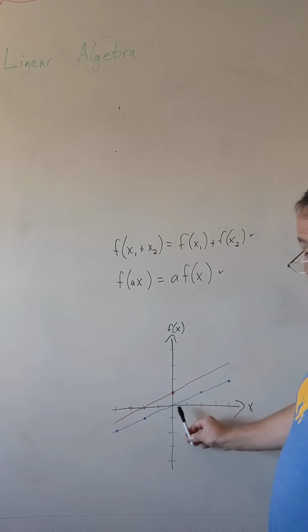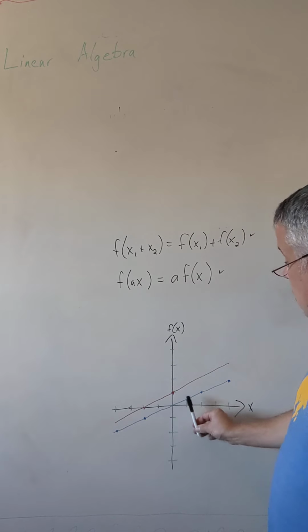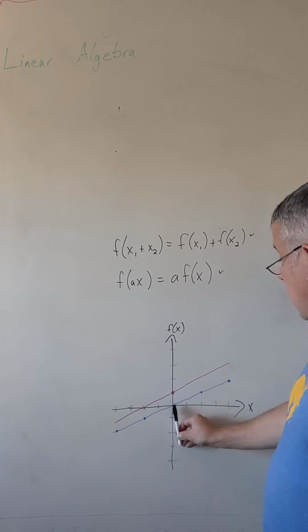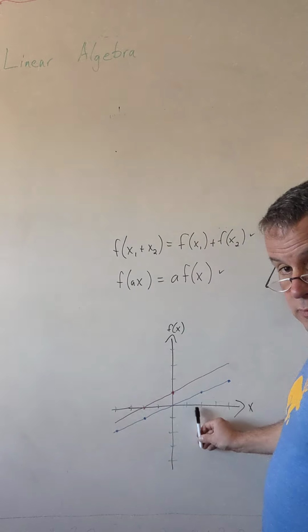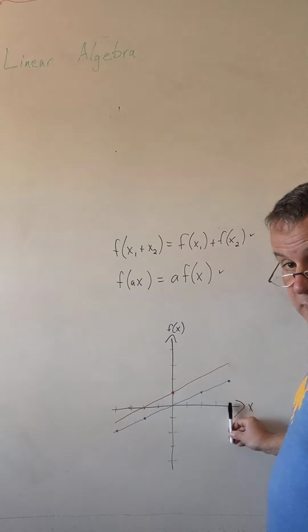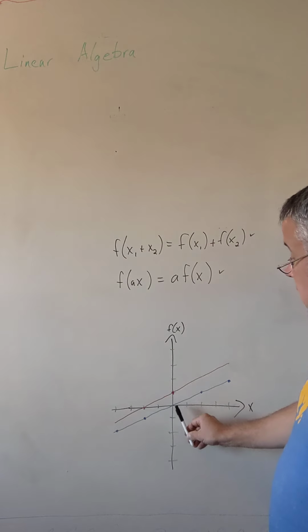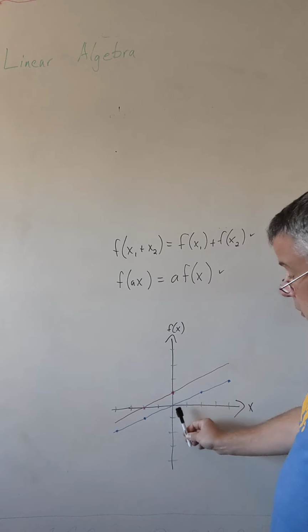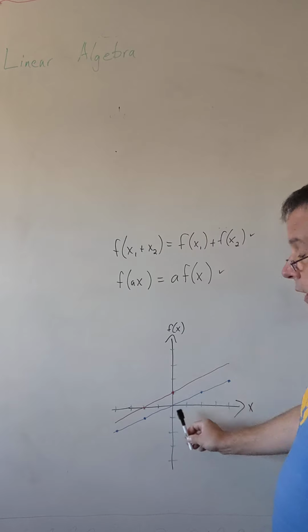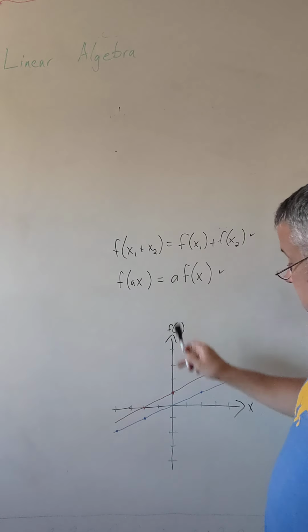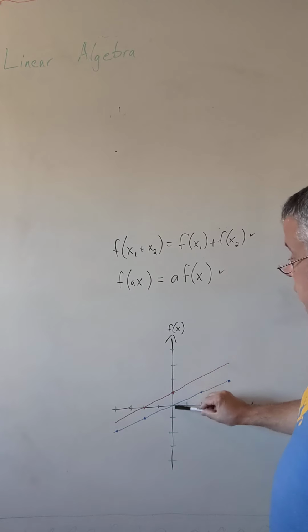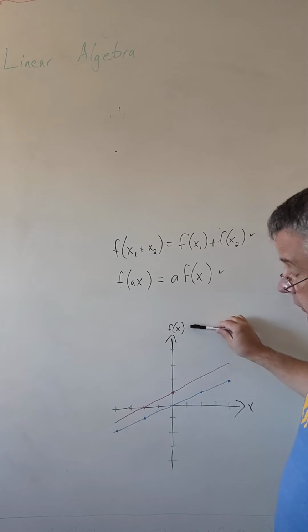If I do 2 plus 2 equals 4, I get 2 in the first part and I get 2 more from the second part. I add them together. So they increment in x, and 2 plus 2 equals 4 does add up to 1 plus 1 equals 2 in f of x.